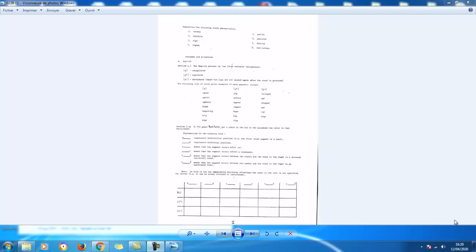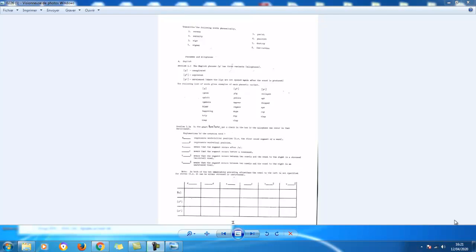Let me explain it clearly through these words. We have got, for example, the word serene. Serene is the form that native speakers know. This is the basic form. This is the underlying form. It's like a phoneme that exists in their mind.